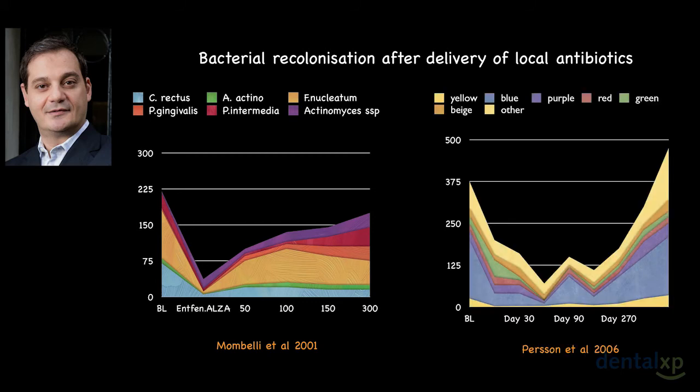And again, Persson in 2006 found the same thing: if you put local antibiotic, it will drop, but the bacterial load goes back to the initial stage where we started. So again, just adjunctive local antibiotic therapy with curettes in peri-implantitis is not going to lead to resolution of the problem, because we are not able to decontaminate the surface of the implant.